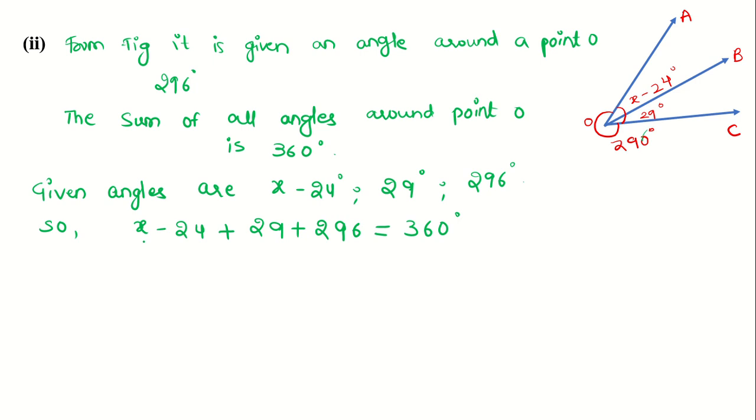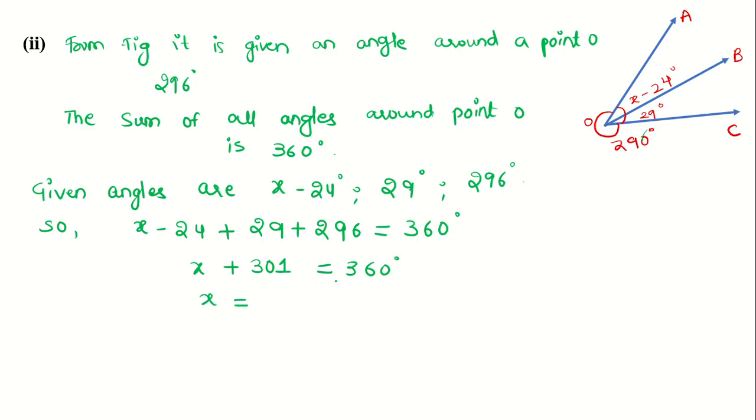Now, we have one x term and all the numerical terms. Simplify this. x plus, if you solve this, you will get 301, which is equal to 360 degrees.